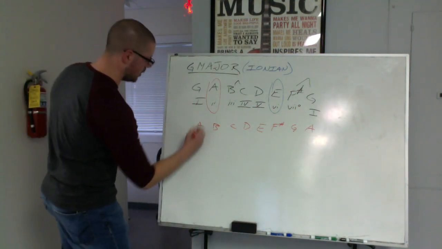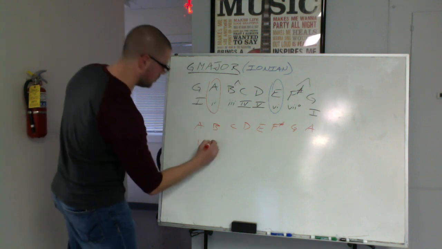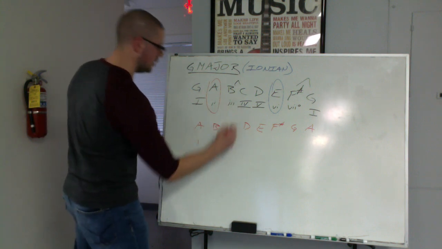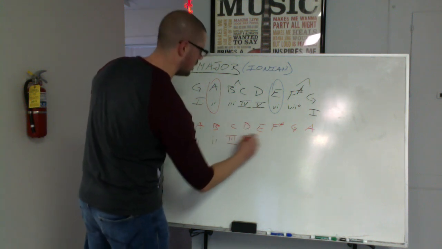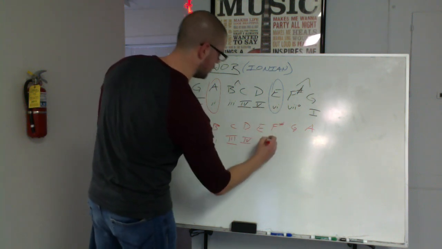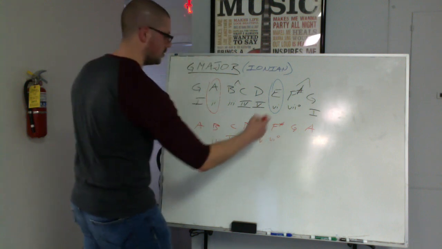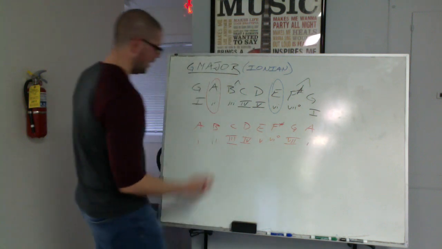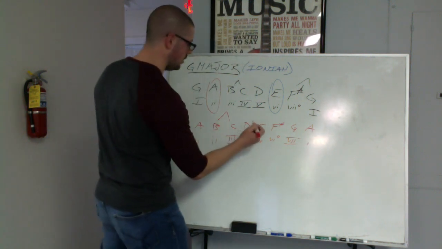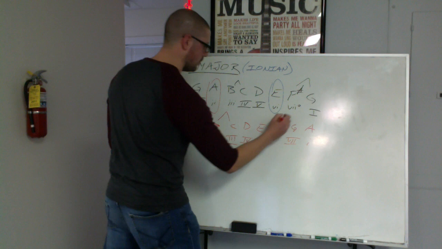So A was a minor chord, B was a minor chord, C was a major chord, D was a major chord, E was a minor, F sharp was a diminished, and G was major, and then I'm back to A minor. And I still have my half step from B to C and F sharp to G.